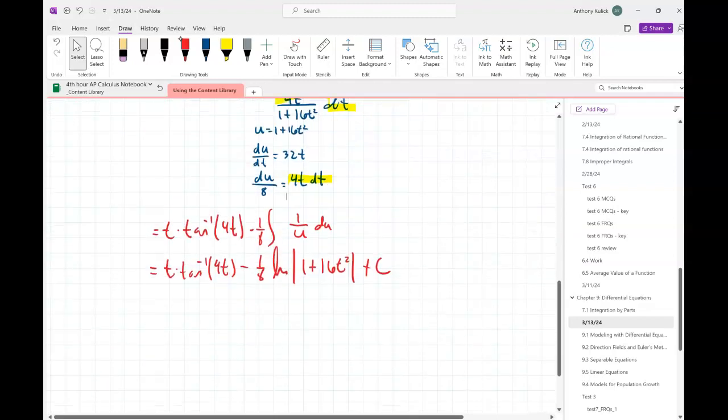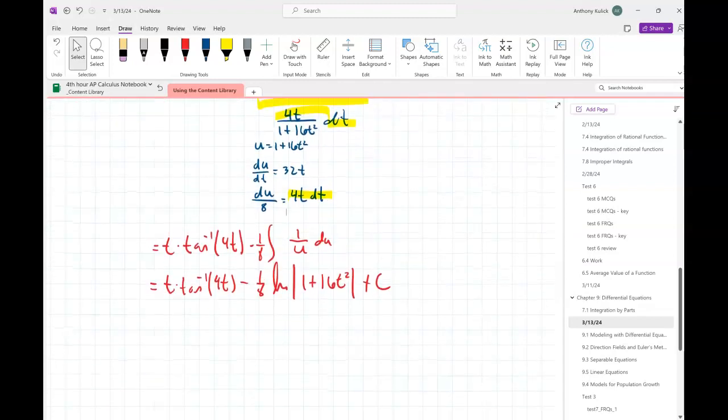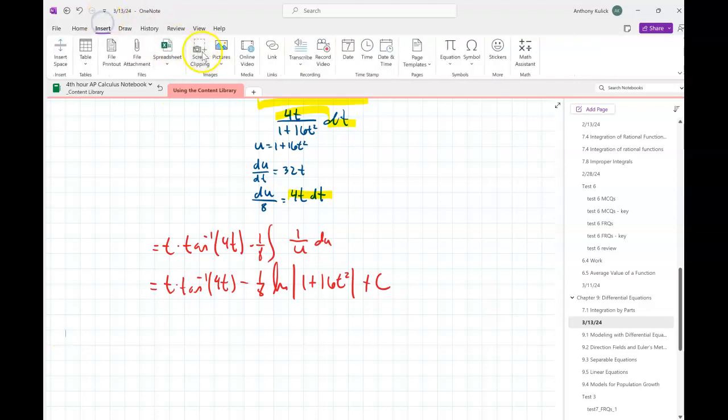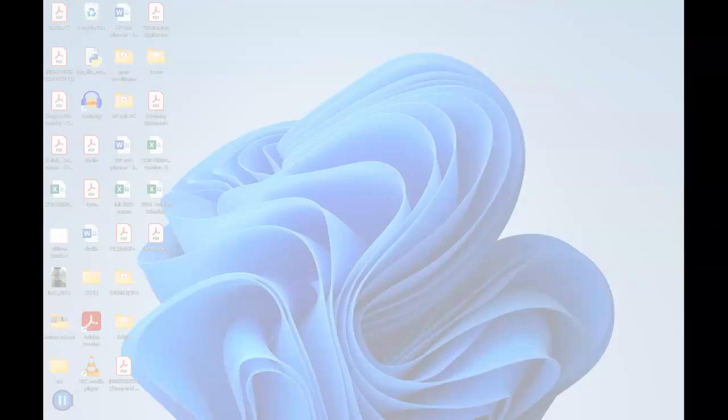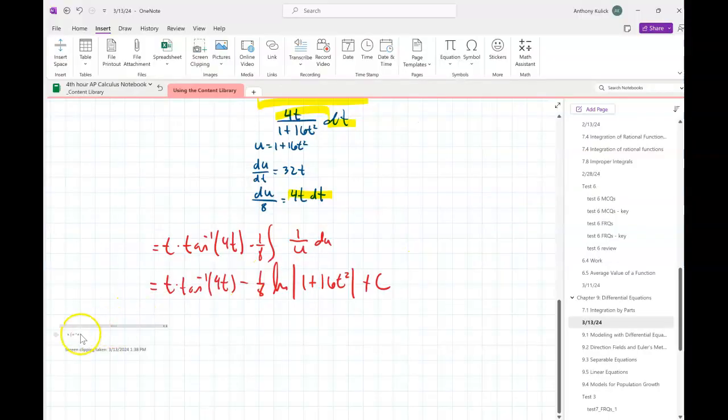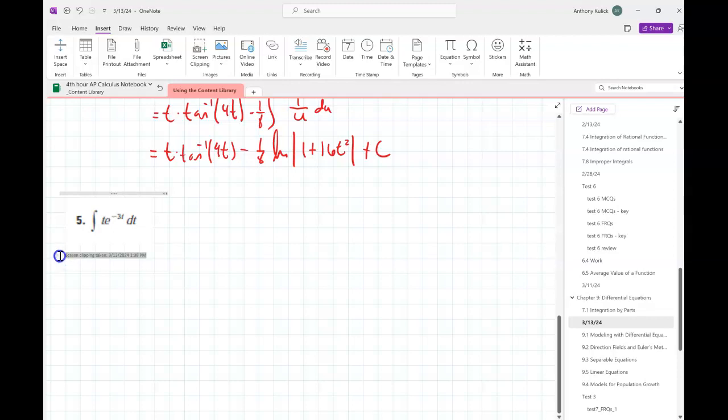Number 5, same section? Sure. What'd you pick for u here?